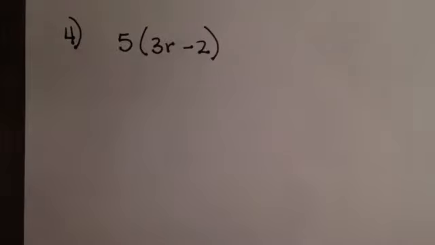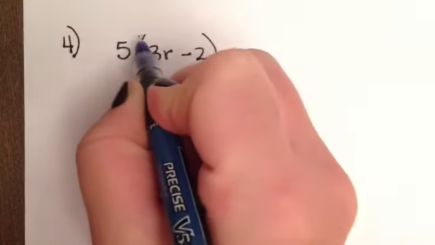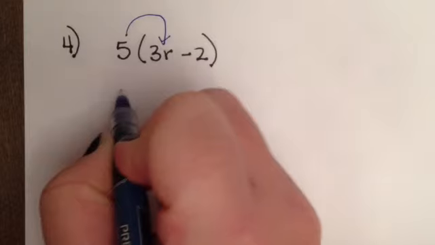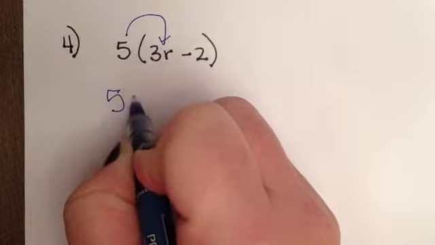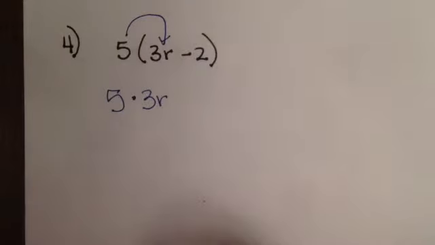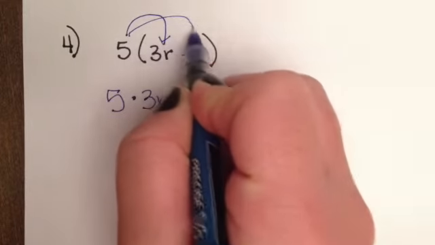Alright, let's see how you did. What did you do first? Hopefully you said distribute 5 to 3r. So 5 times 3r. What did you do next? Great. 5 times 2.